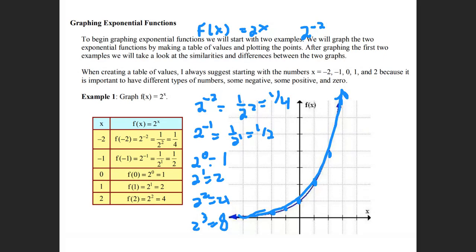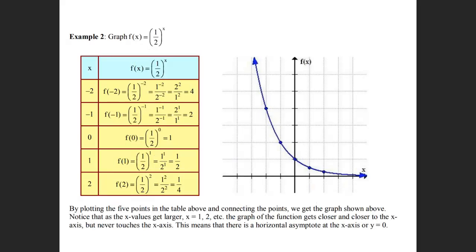Now, if I asked you to graph the function y equals 1/2 to the x power, again, being able to do negative exponents is a key to these types of problems. If I asked you to do 1/2 to the negative second, remember, a negative exponent just flips this over. So this is just going to be 2 over 1 to the second power, which is 4.